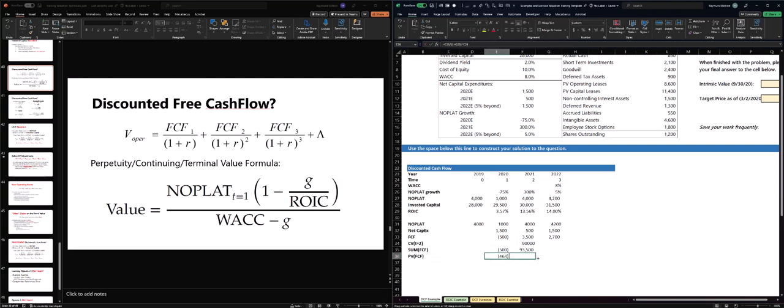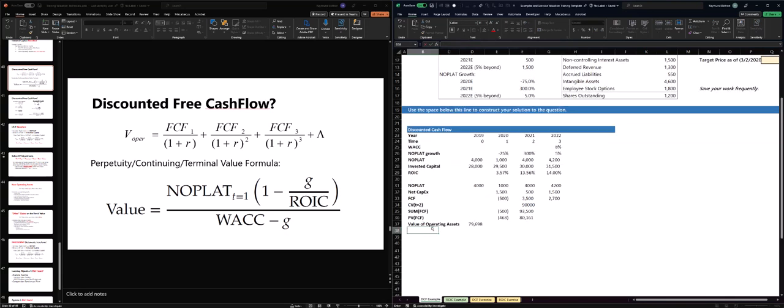And then if we drag this formula down, oops, I should have made this absolute. There we go. And all we need to do is PV of free cash flow. That plus that. So that would be the value of operating assets. All right, we have the value of operating assets.